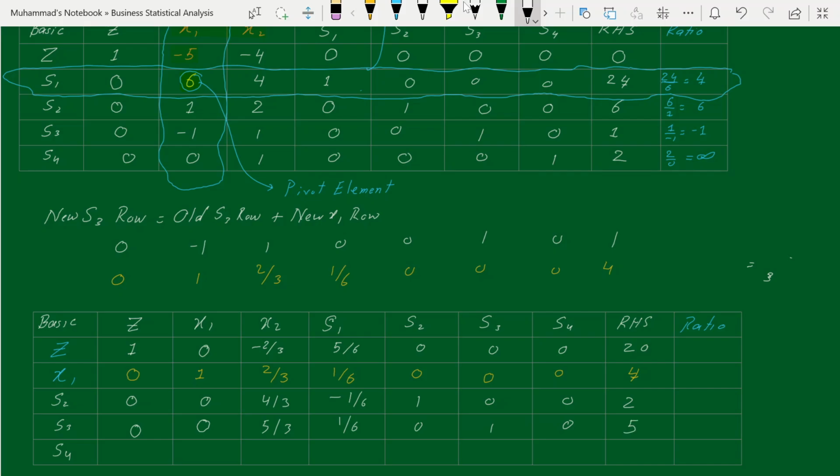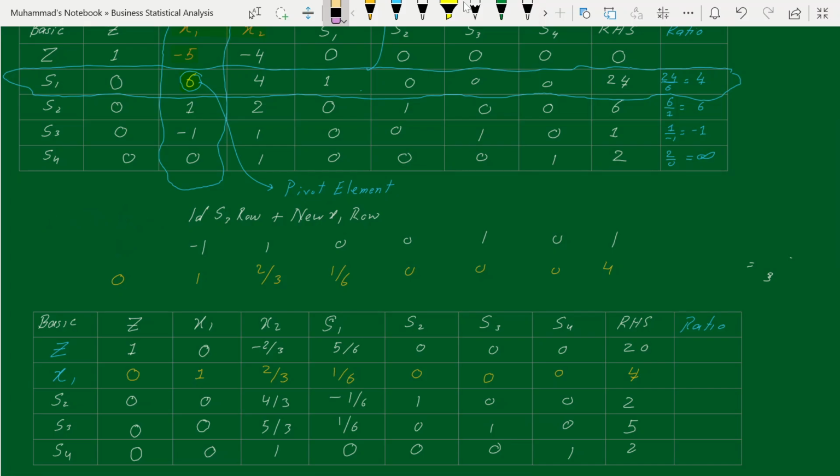Okay, so if you look at this S4, here is already 0, so we don't need to convert this row into the 0. So I just directly write down in here: 0, 0, 1, 0, 0, 0, 1, and 2. Okay, so now we have completed the iteration number 2.